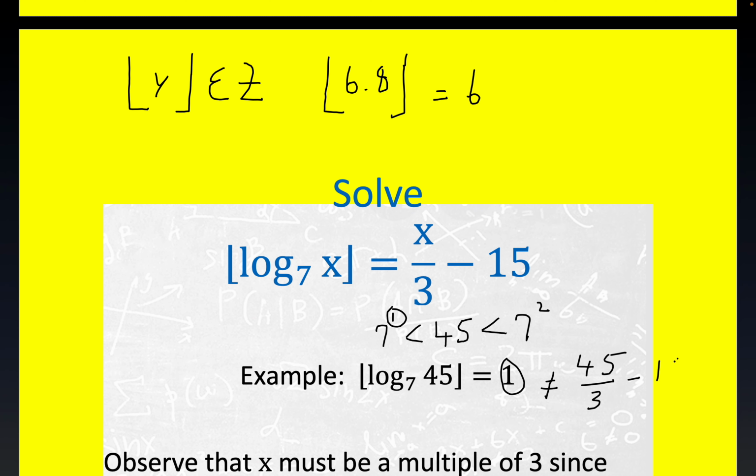That's equal to 0, right? So 1 certainly doesn't equal 0 in any form of arithmetic I've ever seen. So that means 45 is not a solution. Okay, so let's write that, just 45 not a solution.